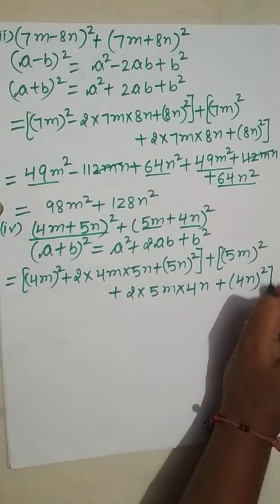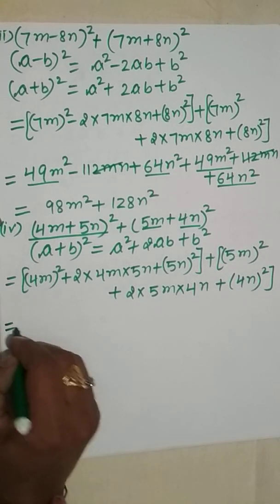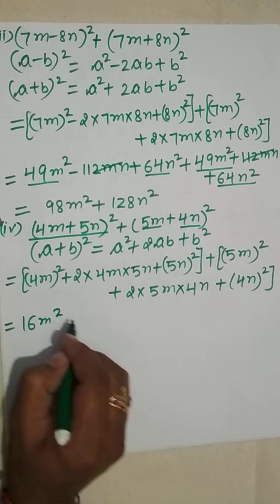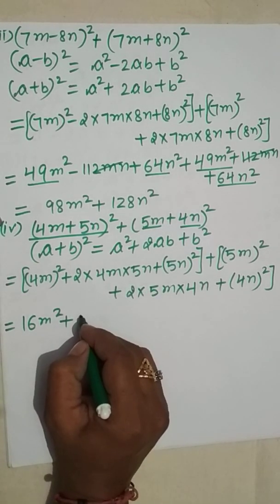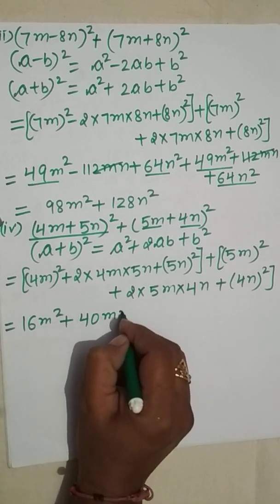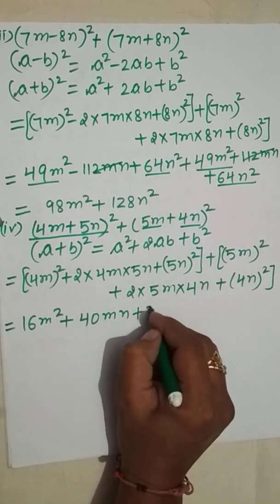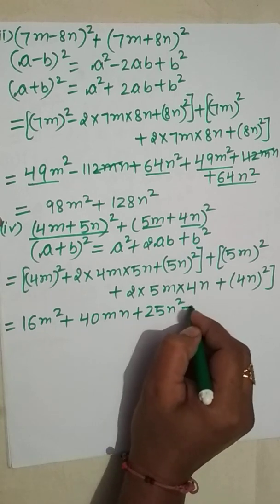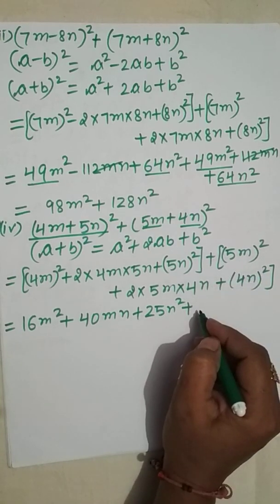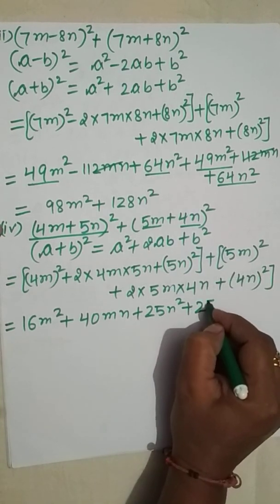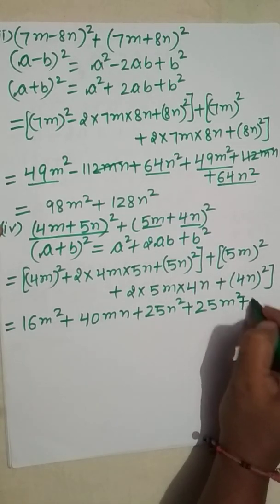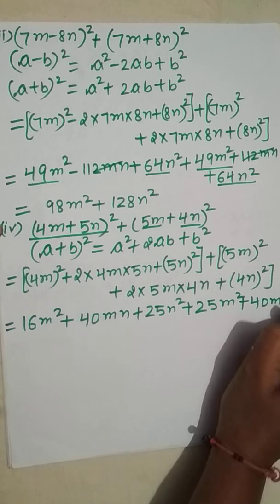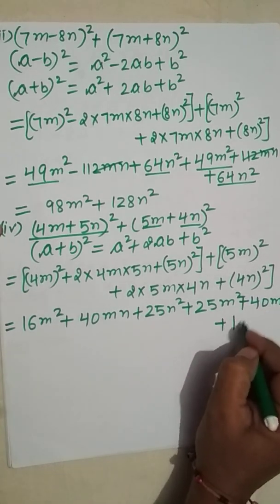Now do the simplifications. 4 4s the 16m² plus 2 4s the 8, 8 5s the 40 mn plus 5 5s are 25n² plus 5 5s are 25m² plus 5 2s the 10, 4s the 40 mn plus 4 4s the 16n².